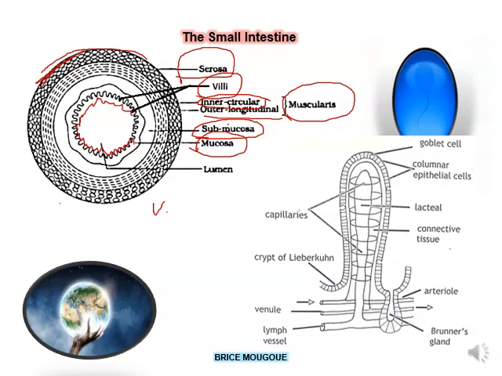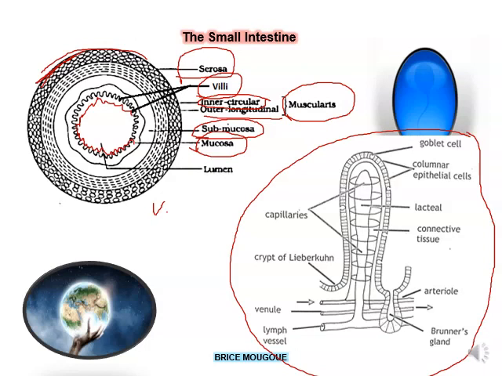Now, this is the diagram of one villus from the mucosa. If you look at the villus, it is covered by a single layer, just one layer thick. The villus is covered by a single layer of epithelial cells. When we look at these epithelial cells, we will identify two types of cells.